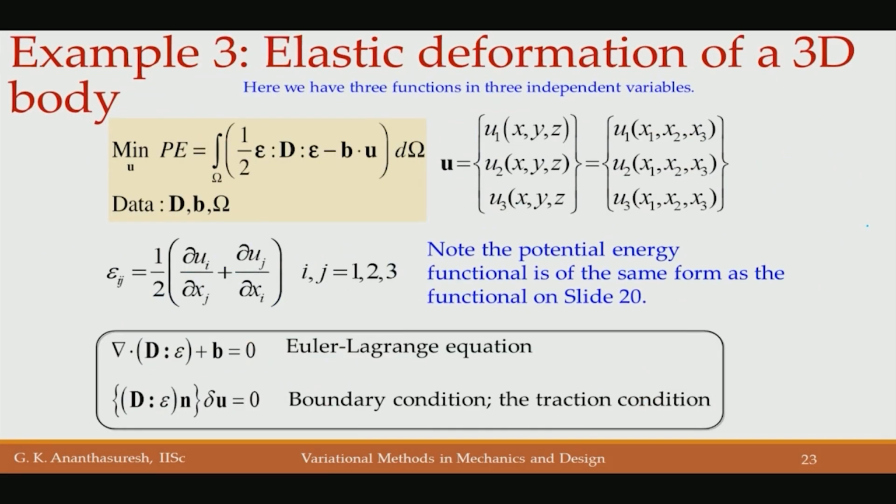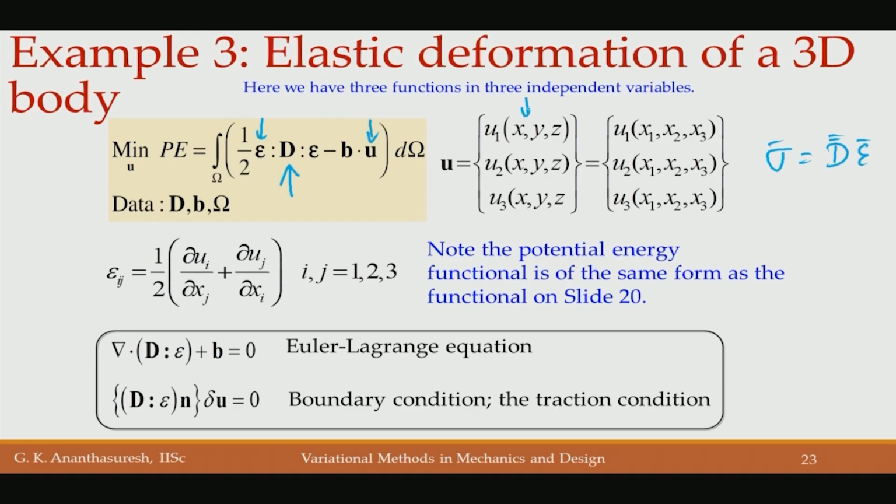So, we can write down the potential energy, because that is what will be minimized, and that is written in terms of the stress-strain relationship. Basically, stress is equal to D times epsilon. All of these can be in matrix form, vector form, or tensor form. Epsilon here is the strain, and U is the 3-dimensional displacement.